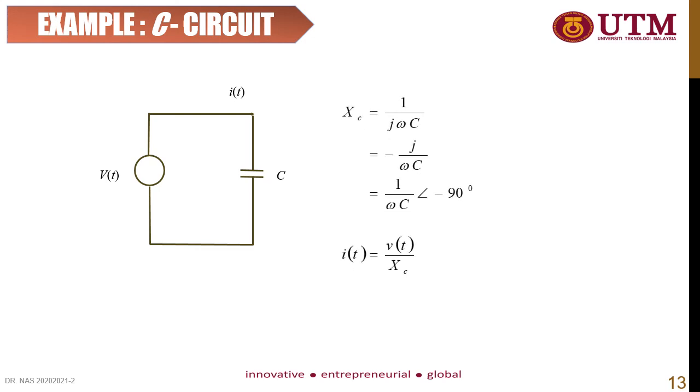So XC is equal to 1 over j omega C. To get IT, you divide VT with XC, in which XC is equal to 1 over j omega n C, where n depends on the frequency at different harmonic numbers.